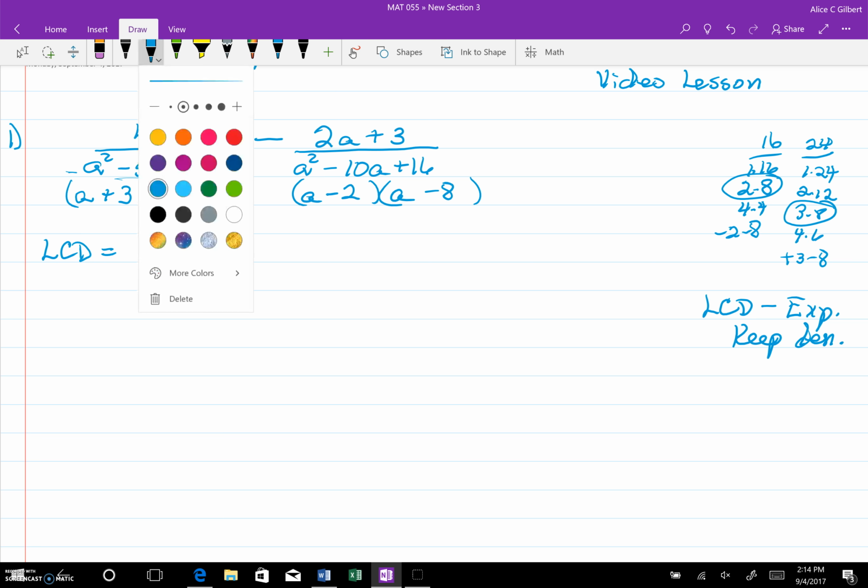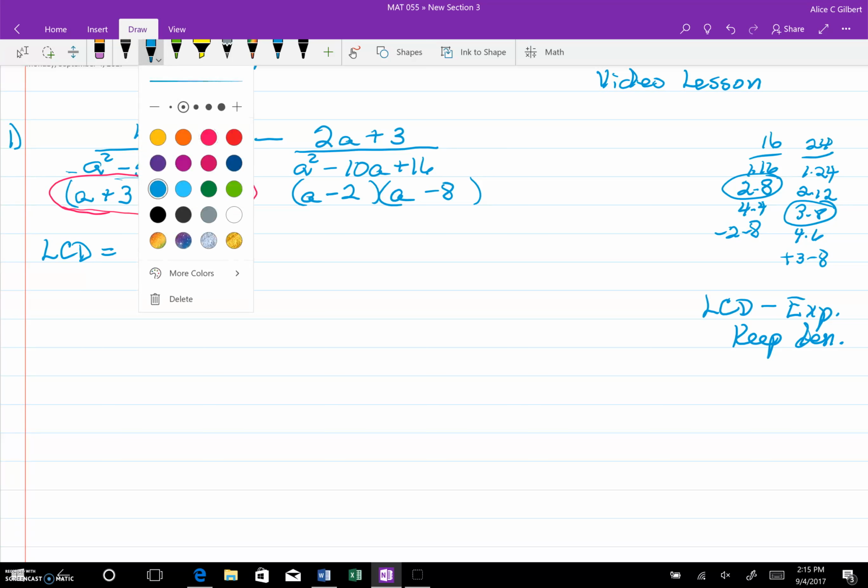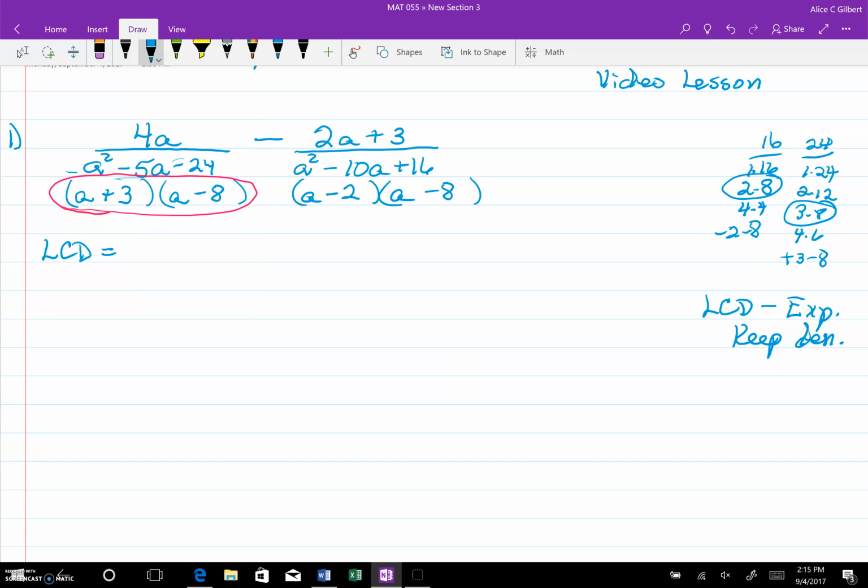So when I am looking at this stuff, I'm only looking at denominators to build my LCD. And I want to take whatever is in the first one. No matter what it is, I just take however little there is or however much or many of them there are, whatever they are, I just take it.